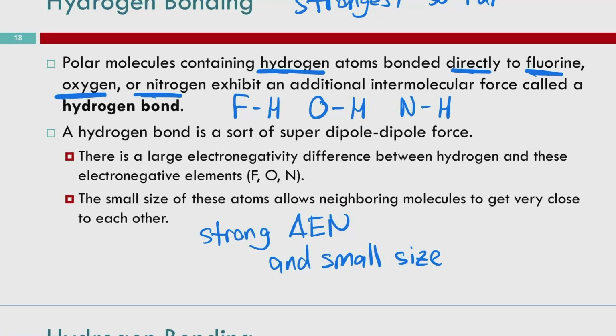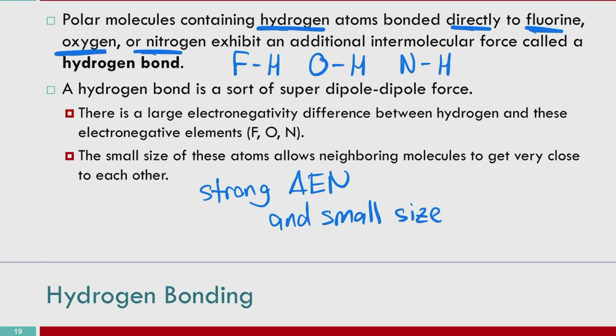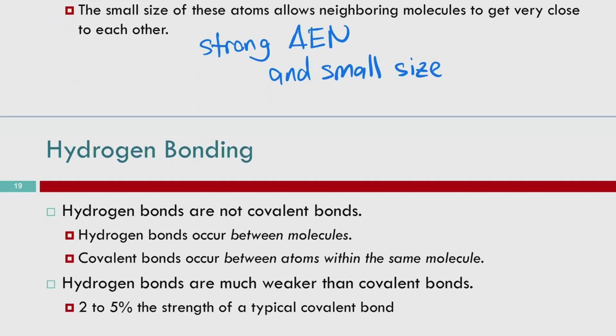So think of this as if we've got 2 magnets, since they're really small and really strong magnets, we can get them super close to each other, almost touching. That force between those 2 magnets is going to be a lot stronger than if you move the magnets further apart, which would be like if we used anything bigger than fluorine, oxygen, or nitrogen. So these are the 3 elements. If they're bonded to hydrogen directly, then we can get hydrogen bonding.